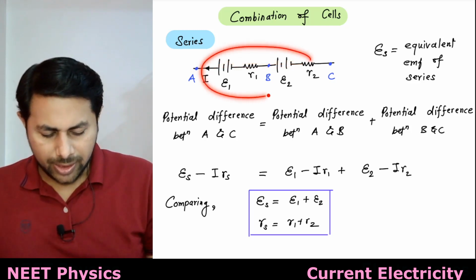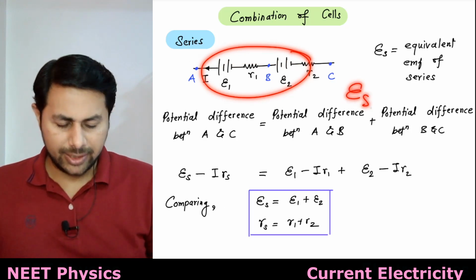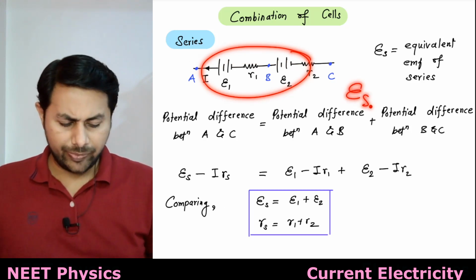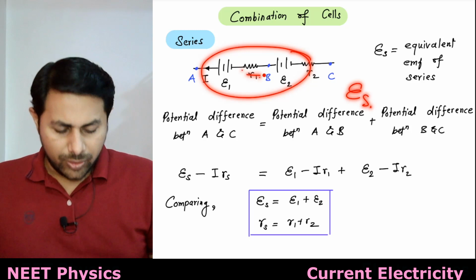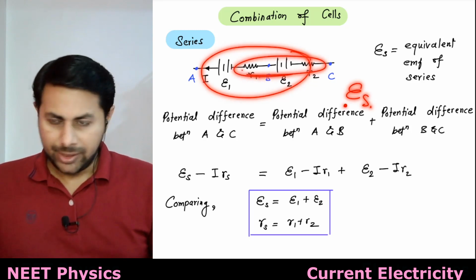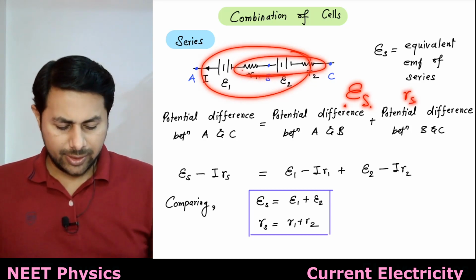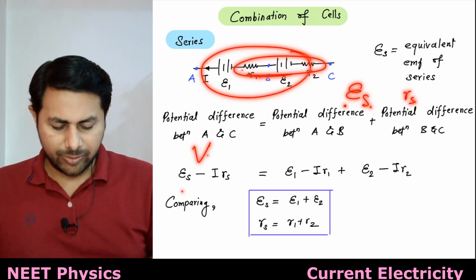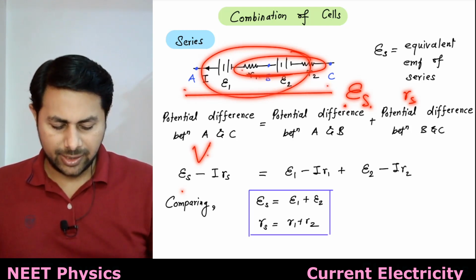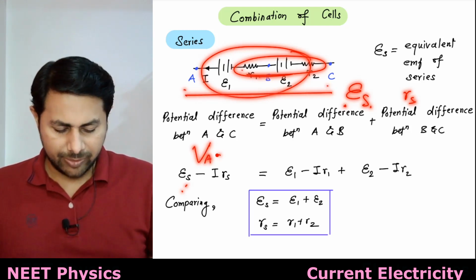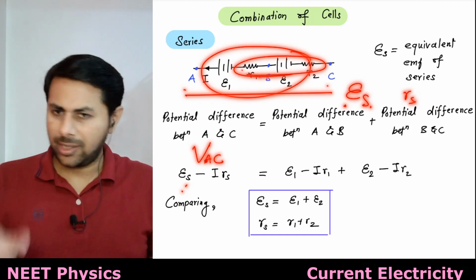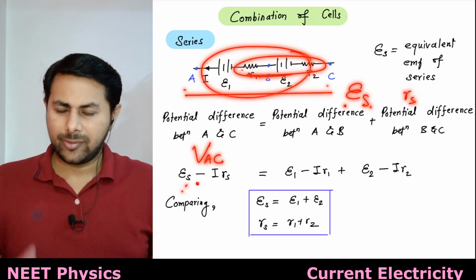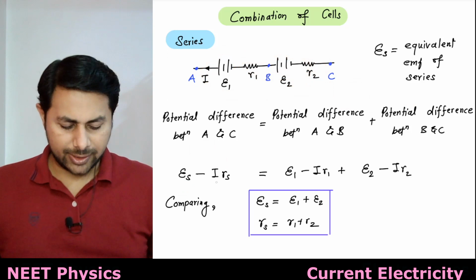Now suppose the total EMF of this combination is E_S, and the total internal resistance of the combination is R_S. So the potential difference between these 2 points A and C is total EMF minus current into total resistance.